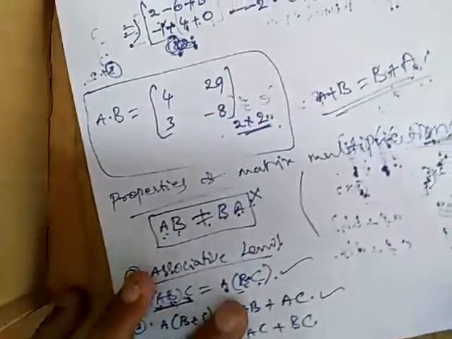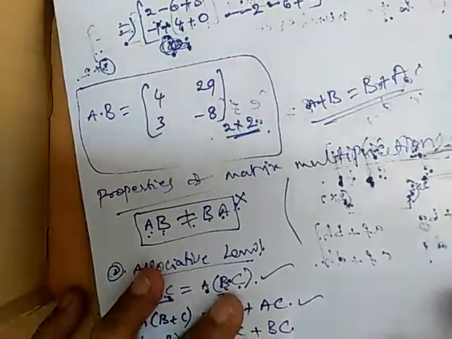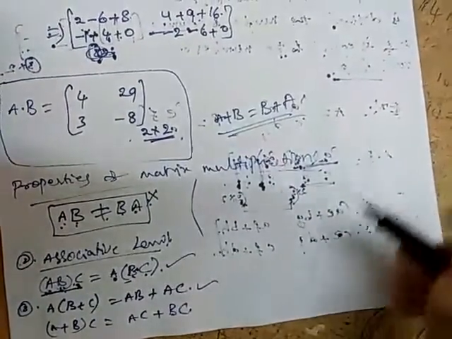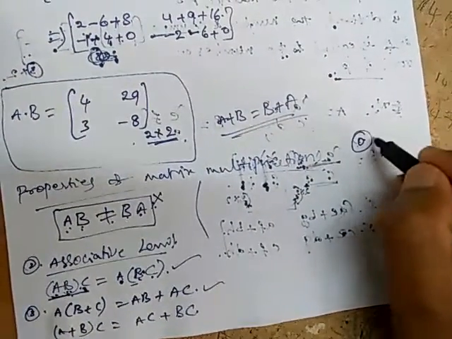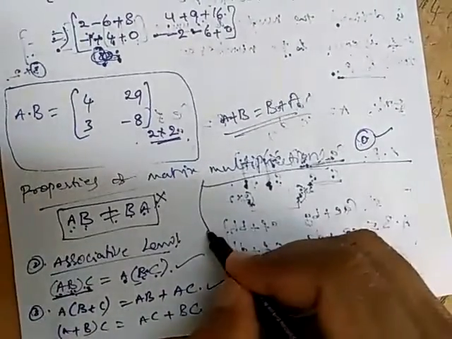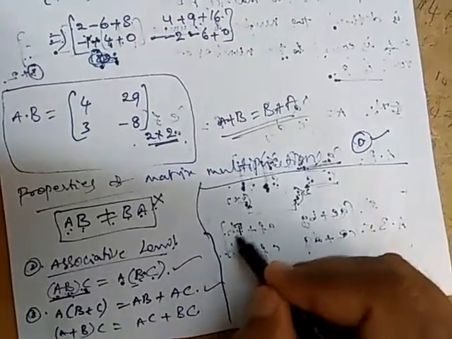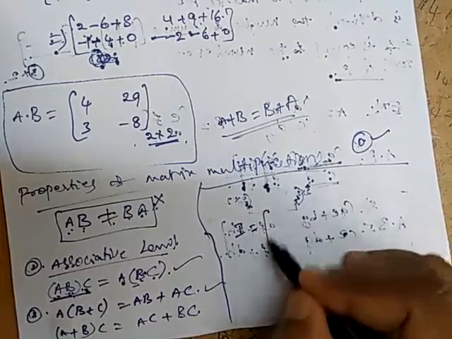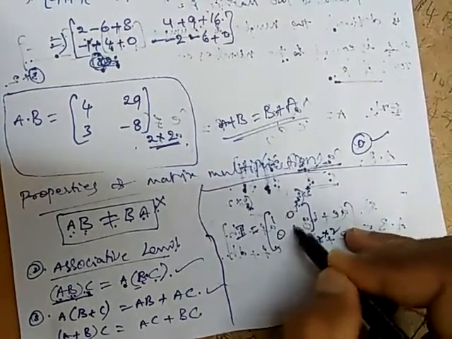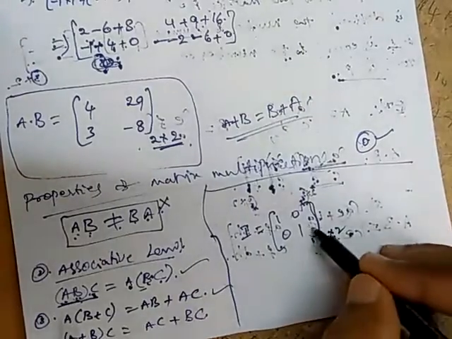Next, multiplicative identity. This is a very, very important point. Additive identity is 0. Multiplicative identity is the identity matrix I. Suppose I am taking a 2 by 2 matrix, then 1 0 0 1. This is the identity matrix.